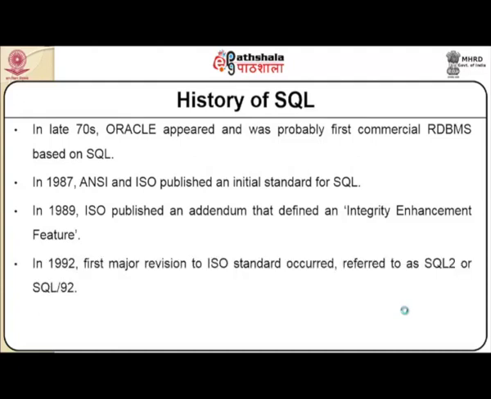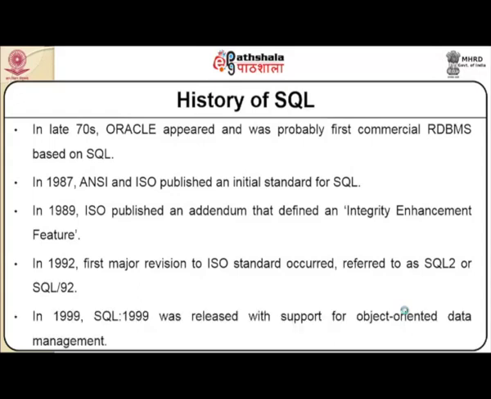In 1992, the first major revision to the ISO standard occurred, referred to as SQL2 or SQL-92, since it appeared in the year 1992. In 1999, SQL:1999 was released with support for object-oriented data management.